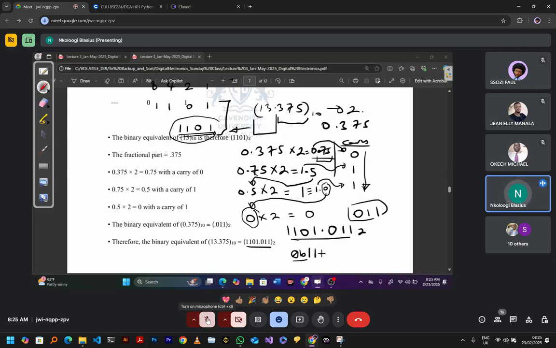Then you have 1 1 0 1.0 1 1. So in this case, you won't see the subscript here. So don't get confused if you reach an exam and something is set like this, and then they tell you to convert this number to maybe octal.